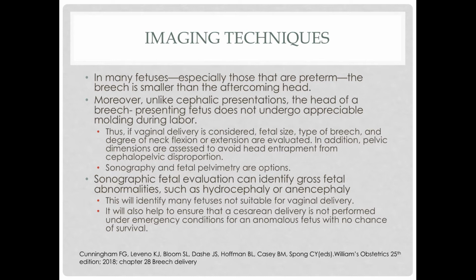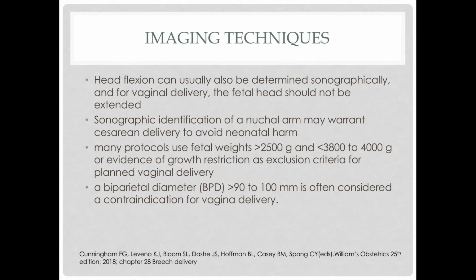Sonographic fetal evaluation can identify gross fetal anomalies such as hydrocephaly or anencephaly, and this will identify many fetuses who are not suitable for vaginal delivery. Ultrasound will also help to ensure that the cesarean delivery is not performed under emergency conditions for an anomalous fetus with no chance of survival. Head flexion can usually also be determined sonographically, and for vaginal delivery, the fetal head should not be extended.